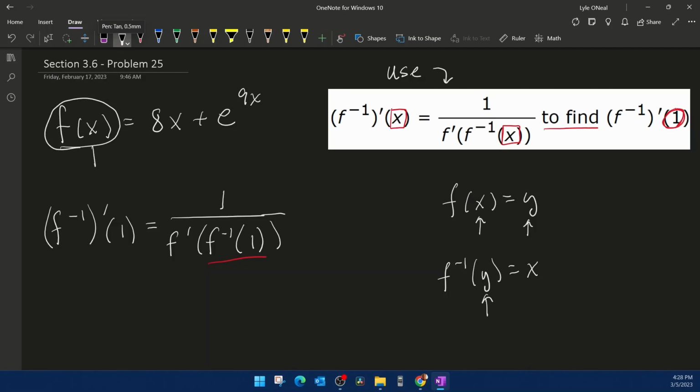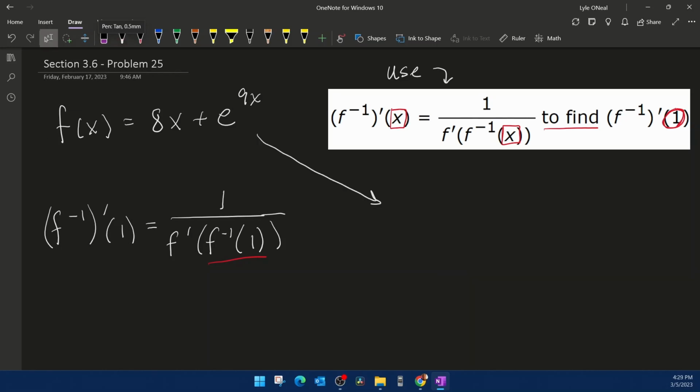So we're going to need to set this function equal to 1 and solve for x. So that's going to give us 1 equals 8x plus e to the 9x. And I need to solve for x.